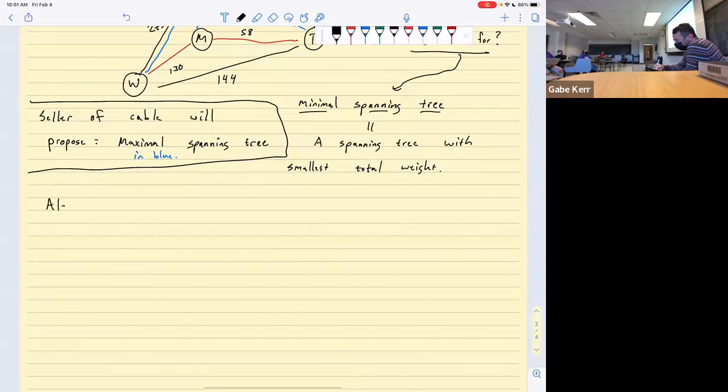Algorithm for finding max, we'll say minimal. The same algorithm can be used to find maximal. We'll talk about the minimal case. You have to adjust it a little bit. It's called Kruskal's.